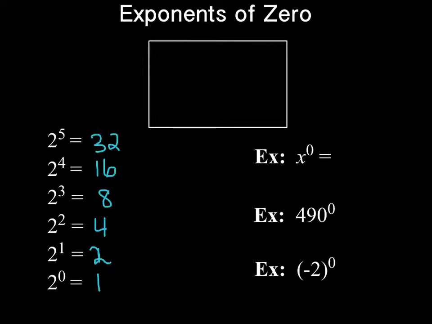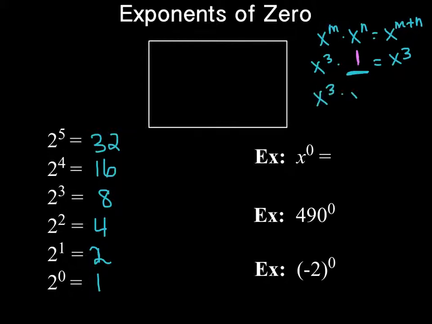The way that we can actually prove this is we already proved that if you have x to the m times x to the n, you're allowed to add the exponents. So let's say I had x to the 3rd, and I want to multiply by a number and get back x to the 3rd. Well, we know that anything times 1 is itself. So x to the 3rd times 1 would be x to the 3rd. But then let's write that, instead of writing 1, as x to some missing power.